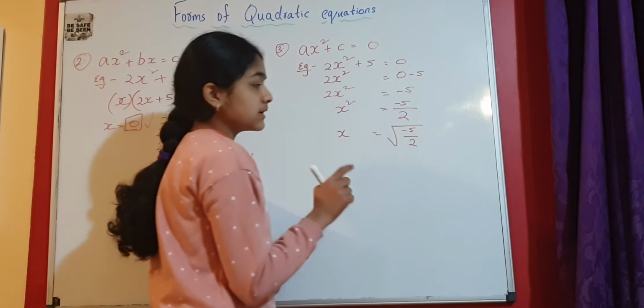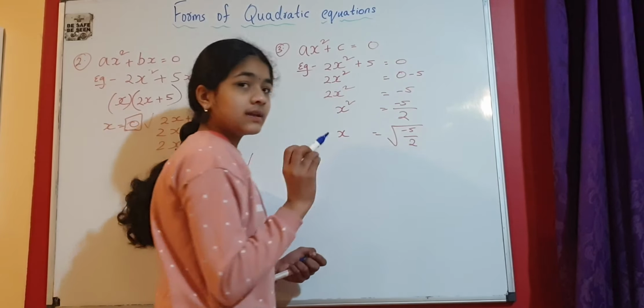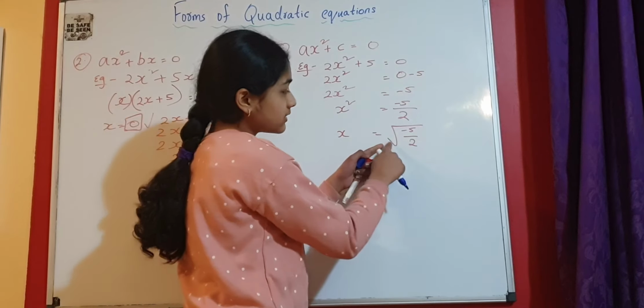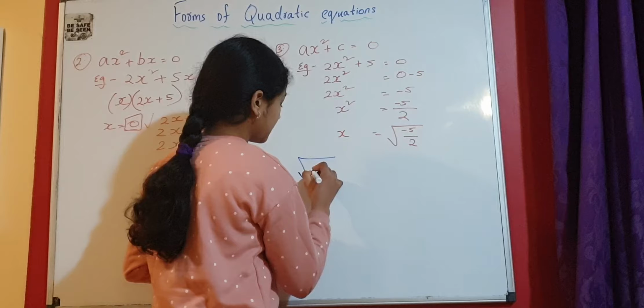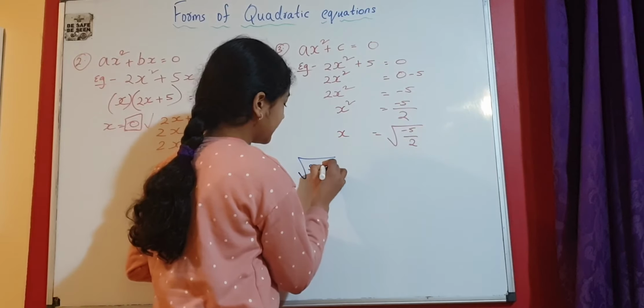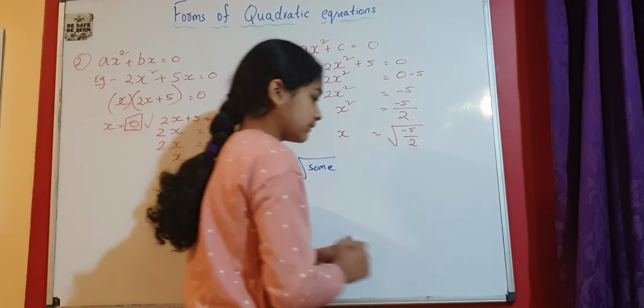Now, in complex numbers, what is i? Here we got the square root of some negative number.